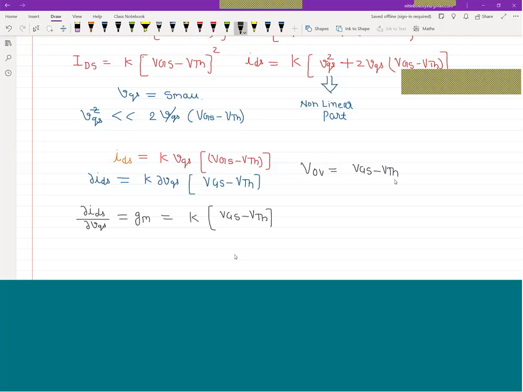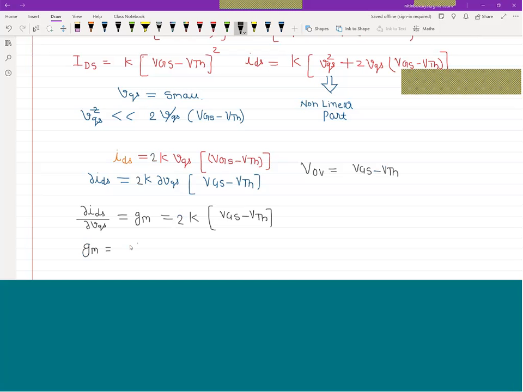So this is the idea. So I can say ID equal to GM equal to K. What is K? And we have left one term which is 2. This is 2, here I can write 2.